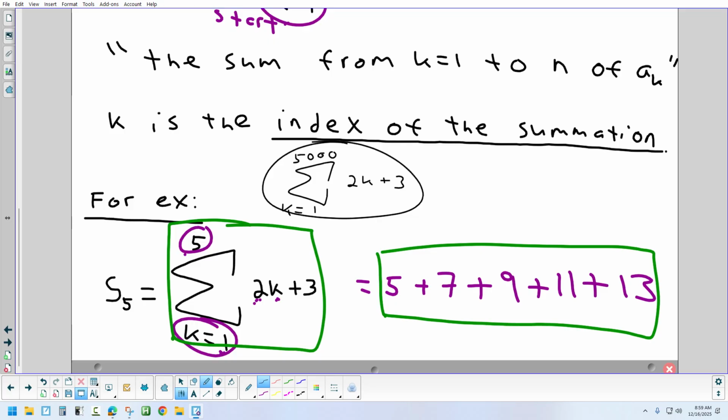Now, if I actually wanted to get the answer, well, we still don't have a good way to do that yet. But we at least have a short way of writing down this without writing 5,000 plus signs and adding up every number. Okay, well, I mean, it's a lot more compact up here. Okay, any question on that?